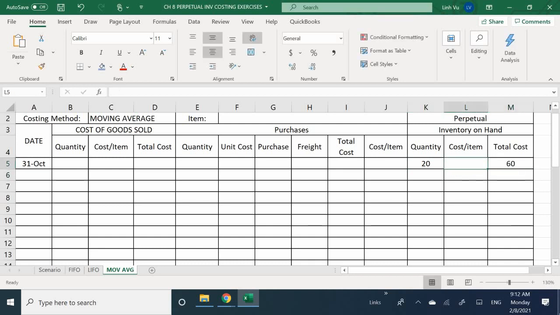And remember, the formula is now switched over. It's going to be calculated in the cost per item section. We know this from our calculations from before. So now that I placed that information in here, we've got 20 items costing us $60. So right now, the average cost per item is $3.